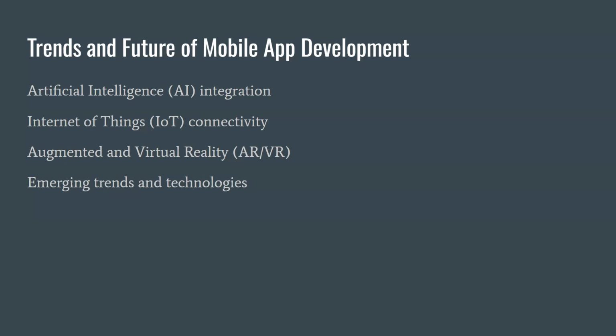If you are going into the mobile application development field, it is important to stay informed about these trends so that you can keep your skills relevant and innovate in the web creation.